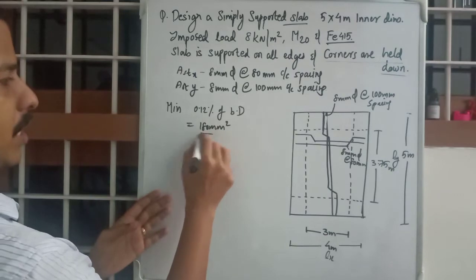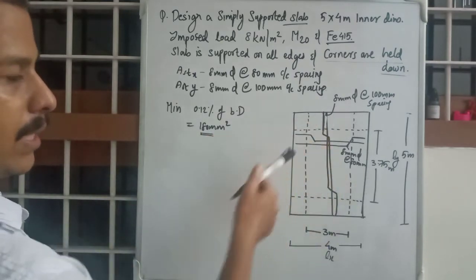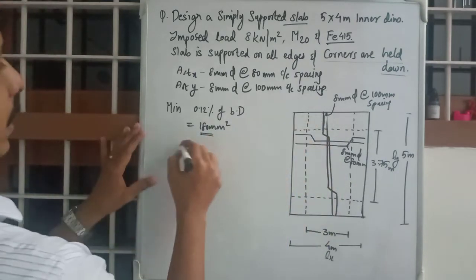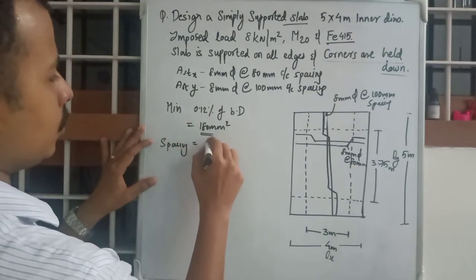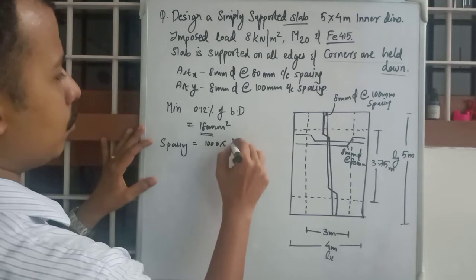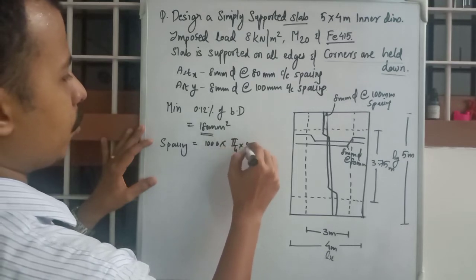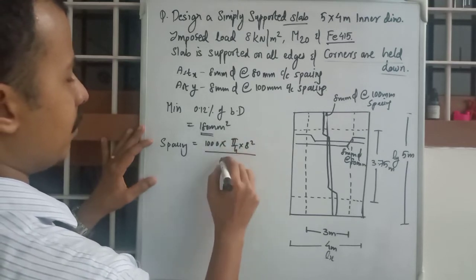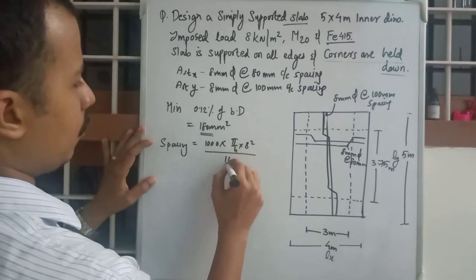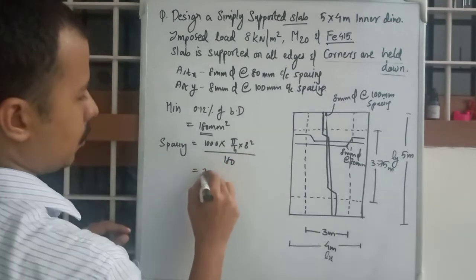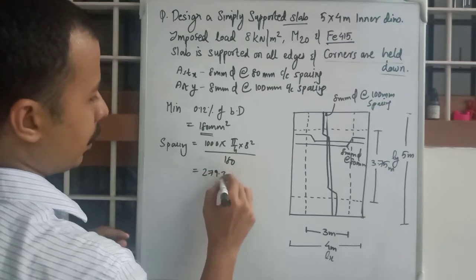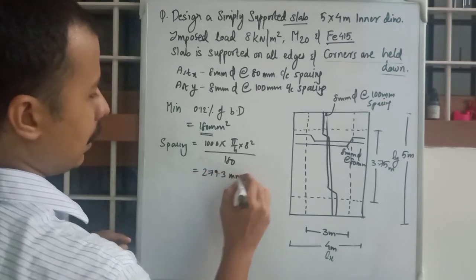So we have AST for all these areas, 4 strips, right? So we need to calculate spacing. Spacing is equal to 1000 into pi by 4 into 8 square divided by 180. That is 279.3 mm.